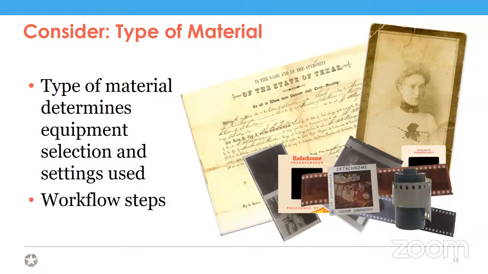There's a number of different ways that you can start parsing these out. Newspaper, I would even do differently than a deed or a birth certificate, because those are different types of paper. If it's a color newspaper, if it has color images, or if it's just old black and white, you're going to have to think about those things. So you can get very granular and specific when you're considering the type of material, but just do your best based on the things that you have.